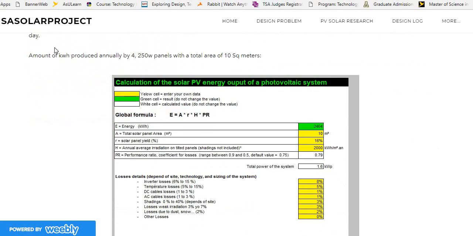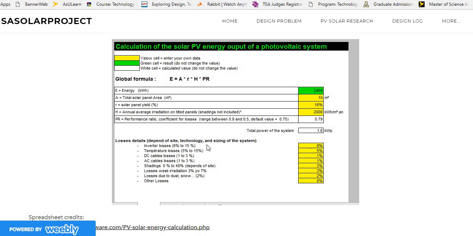Generator. So the amount of kilowatts produced annually by 4 250 watt panels with a square area of 2 square meters is what is calculated below. You can see on this chart, it's a pretty simple spreadsheet which takes into account the losses through the inverter, the temperature, the types of cable and electricity, the shading of your site, the losses in weak irradiation, and losses due to dust and snow.